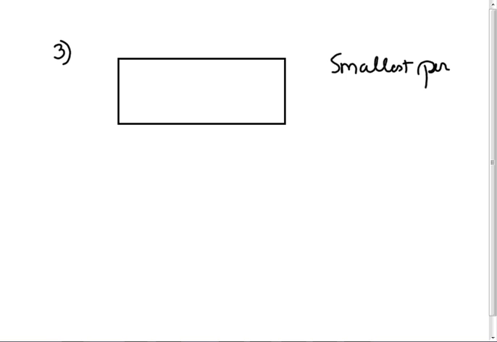It says the area equals 16. What do you want to label the sides as? X and Y? Okay. What's the perimeter equal to?